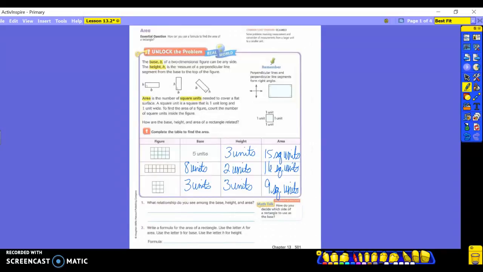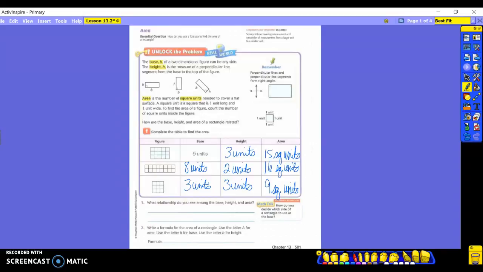Let's answer some questions here at the bottom. Number 1, what relationship do you see among the base, the height, and the area? And guys, this is basically what we did to figure it out. So what did we do to find 15 square units, and 16 square units, and 9 square units? Okay. So we're taking the base and the height. So we know that the product of that, using another mathematical word, is going to give you your area.